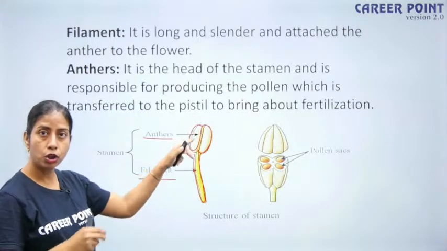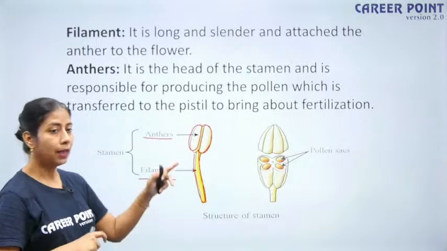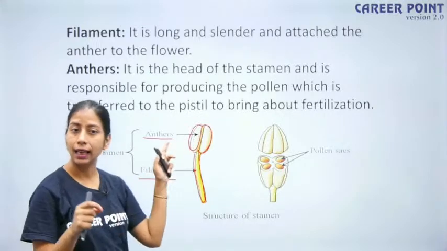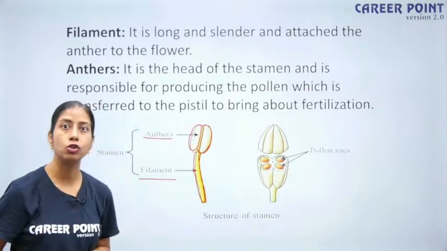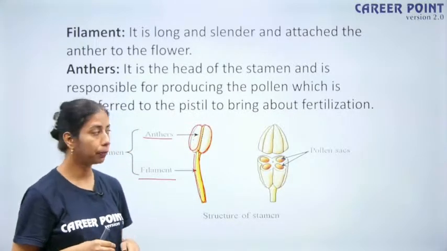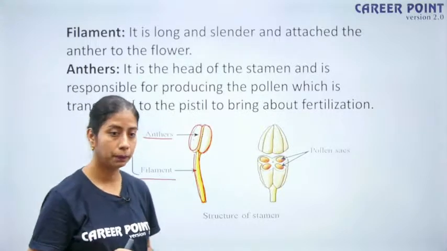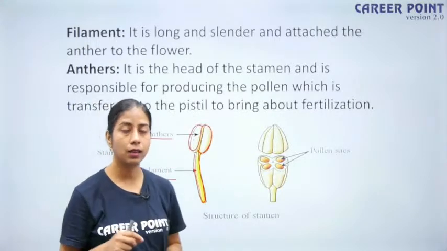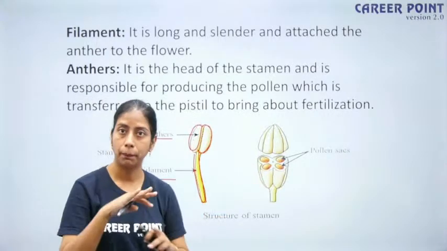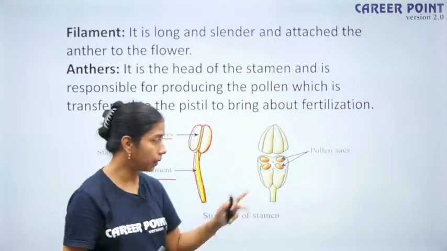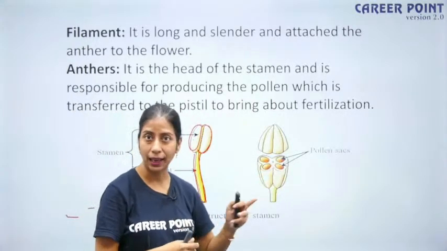So the above portion, the head portion, which is lobed like structure, is known as anther, and here the long stalk is known as filament. Now this anther is very important. Why is this anther important? Because when you cut the anther and see inside, आप अंदर देखेंगे तो वहाँ पे आप देख सकते हैं यहाँ pollen sac हैं.